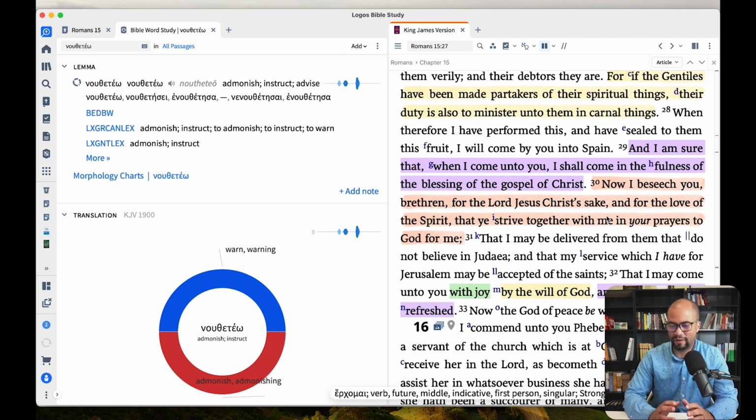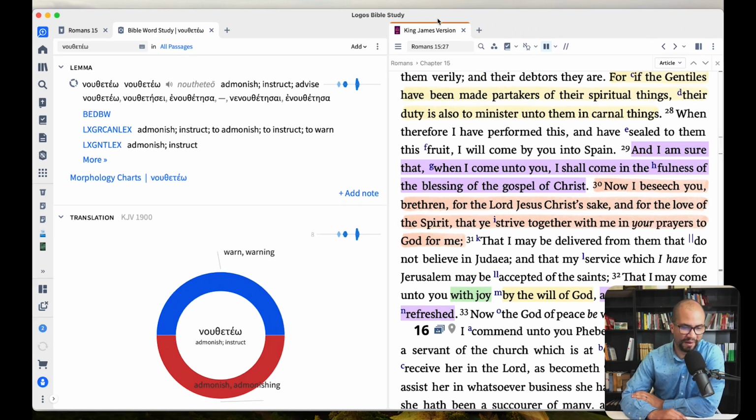Now I beseech you, I beg you, I ask you, brethren, for the Lord Jesus Christ's sake and for the love of the Spirit, that ye strive together with me in your prayers to God for me, that I may be delivered from them that do not believe in Judea, and that my service which I have for Jerusalem may be accepted of the saints, that I may come unto you with joy by the will of God, and may with you be refreshed. Now the God of peace be with you all. Amen.